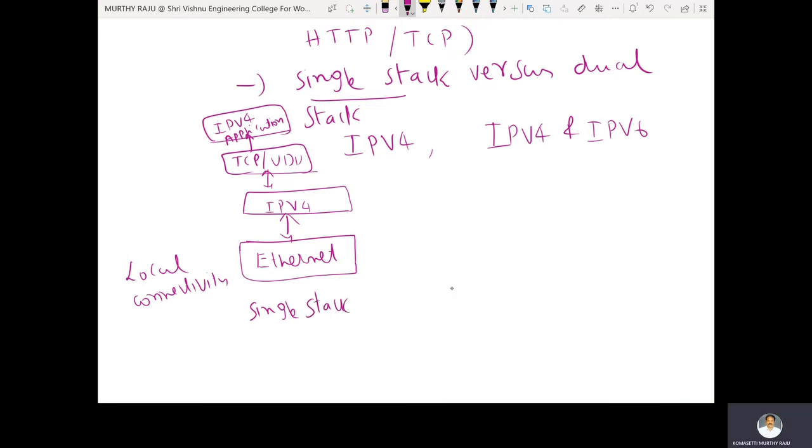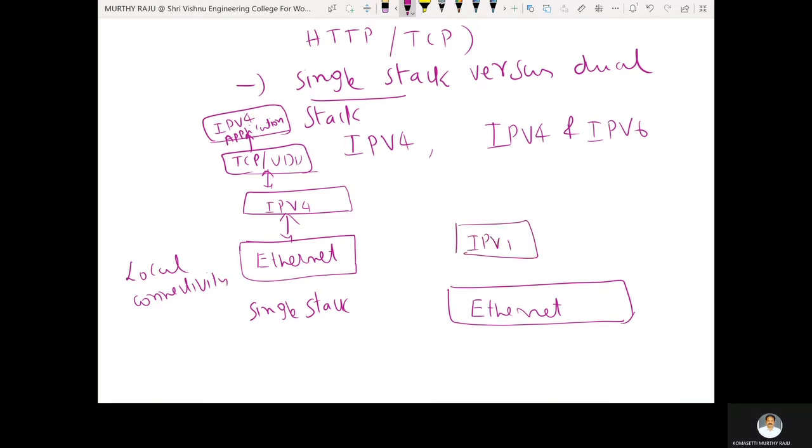In case of dual stack, IPv4, both versions IPv6. IPv4 and IPv6 both are used here, and TCP, UDP.